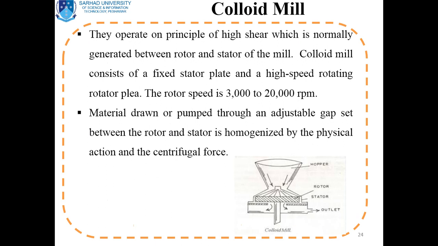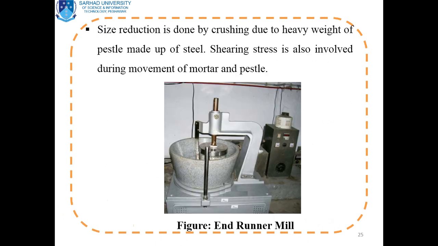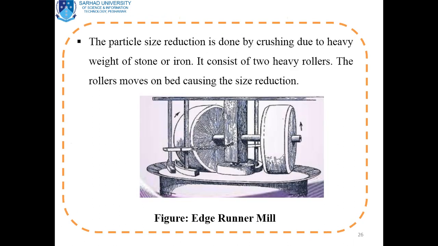Colloid mills consist of a rotor and stator, and the speed of the rotor is 3000 to 20,000 rpm. The end runner mill consists of a heavy steel pestle, with shear and stress developing during the movement of the mortar and pestle.